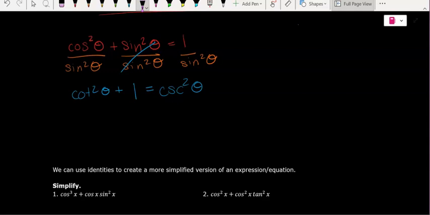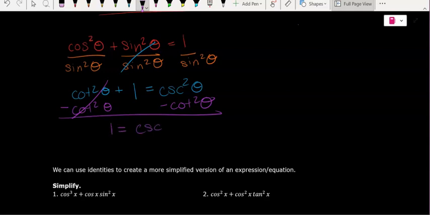So then that's going to be another one of my identities. And then the next thing I need to do is exactly like what I just did before, and solve for both terms on the left here. So if I subtract cotangent squared from both sides, for example, then that's going to cancel out here, and that's going to get me that 1 is equal to cosecant squared theta minus cotangent squared theta.